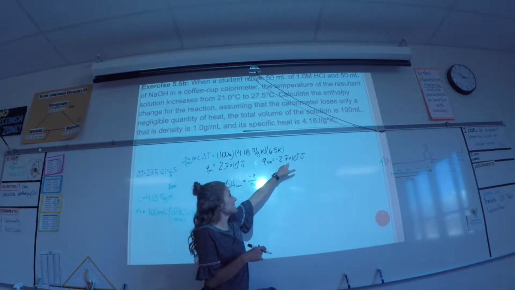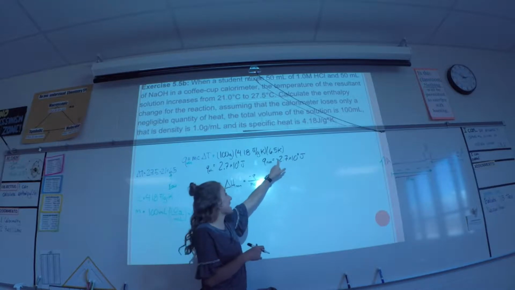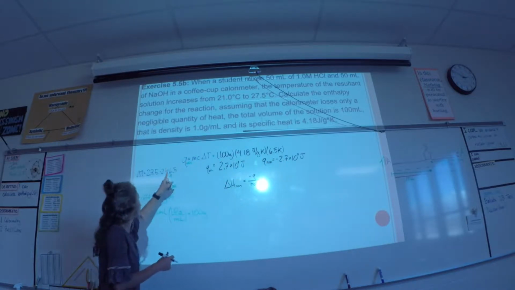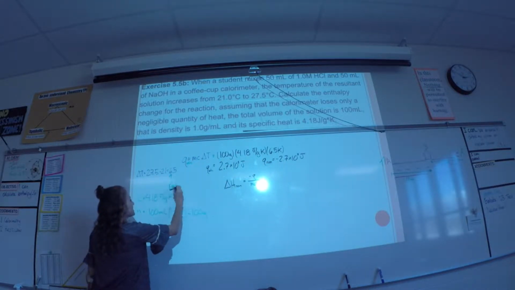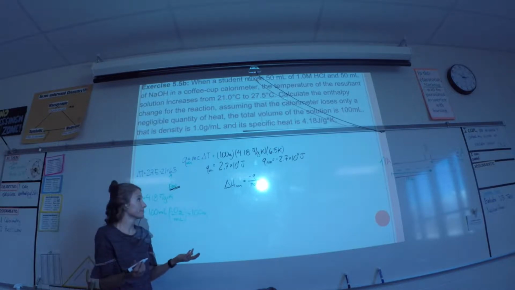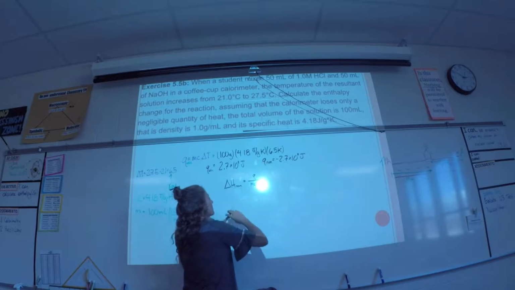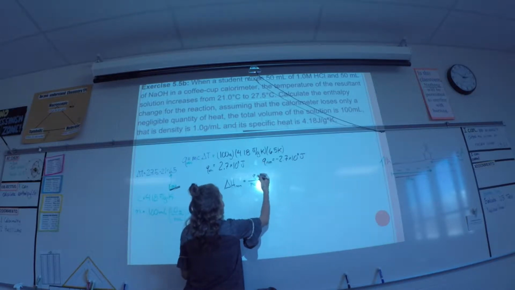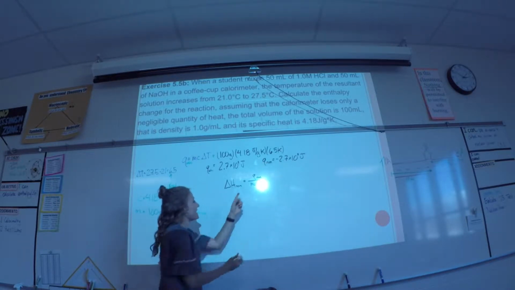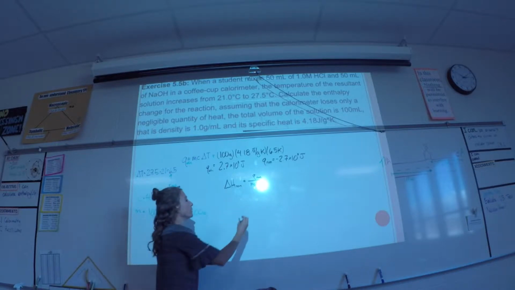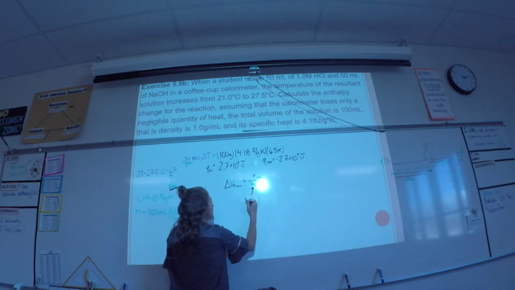If you notice, the Q of the reaction sign should match the temperature change, which it does. So you can think negative Q, or if it's easier, just think the Q of the reaction, and then divide it by the moles, and you have to focus on whichever one is limiting.